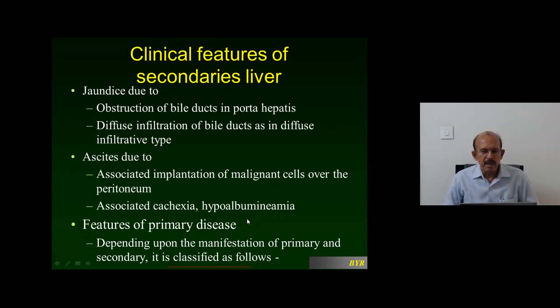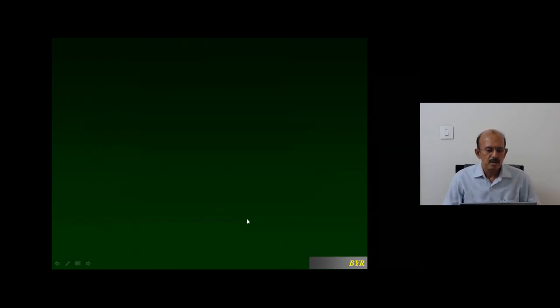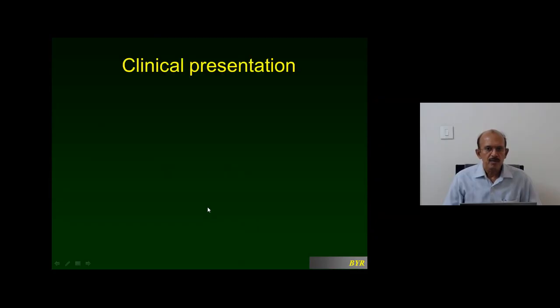So there are 3 types of clinical presentation of liver secondaries. Yes, all are possible. Depending upon the manifestations of the primary and secondary liver disease, these can be classified into synchronous metastasis.